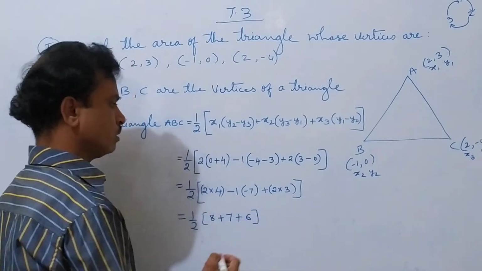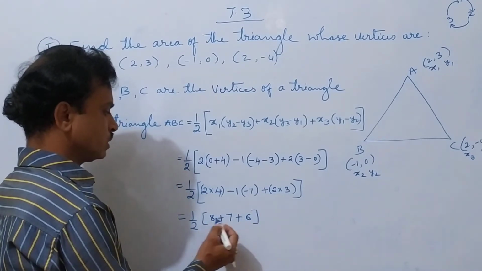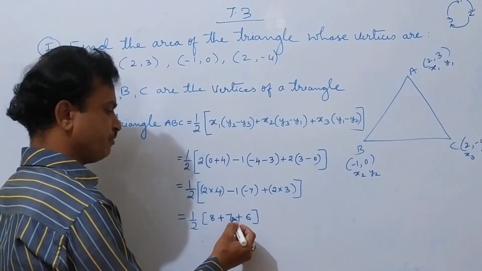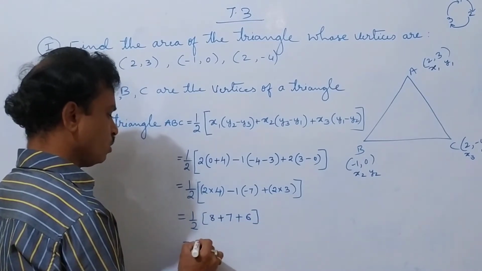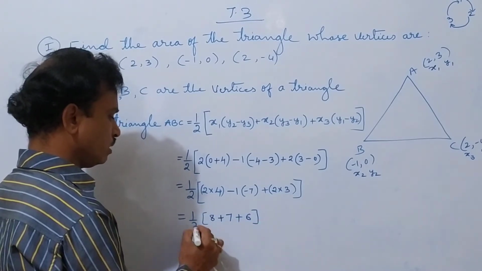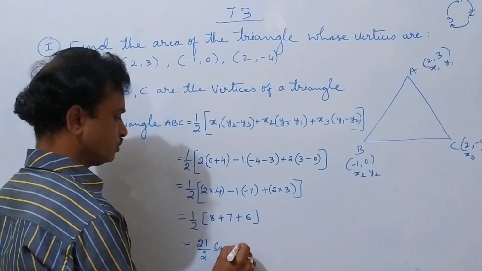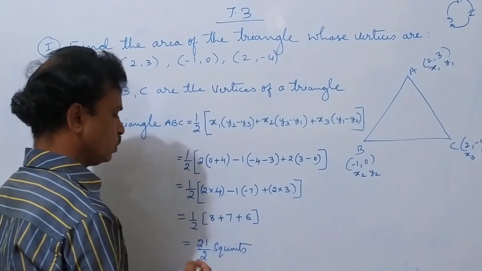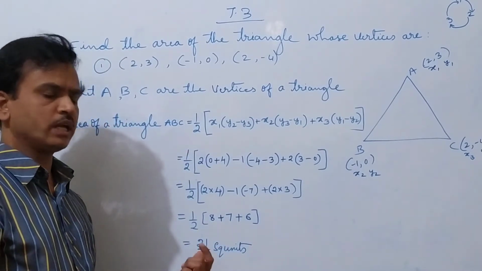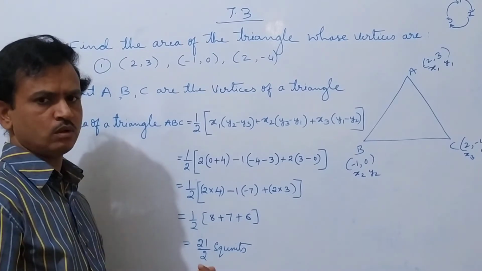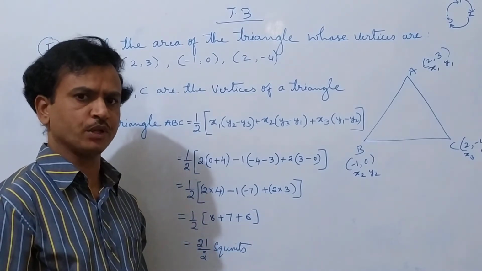Now add all these values: 8 plus 7 is 15, 15 plus 6 is 21. So 21 divided by 2 square units. The area of the triangle is 21 by 2 square units. If you want, you can write it in decimal also: 21 by 2 is 10.5.